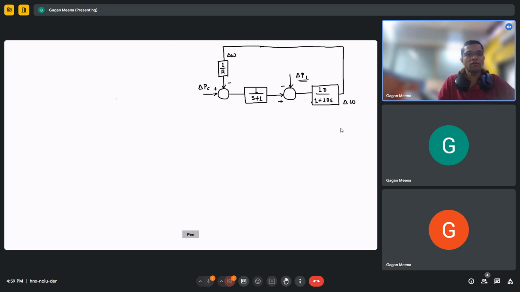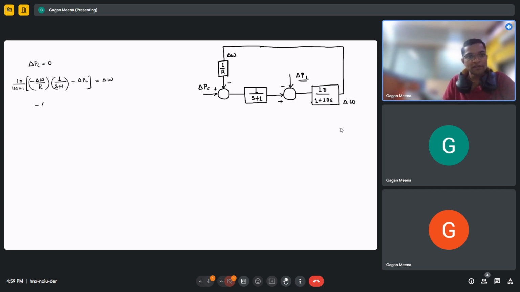So first of all, first important, delta PC we are taking it as 0. So minus delta omega by R multiplied by 1 by S plus 1 minus delta PL, and this is to be multiplied by 10 divided by 10s plus 1, and this is also equals to delta omega.